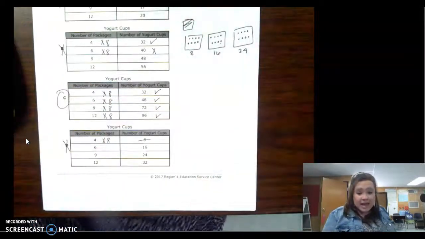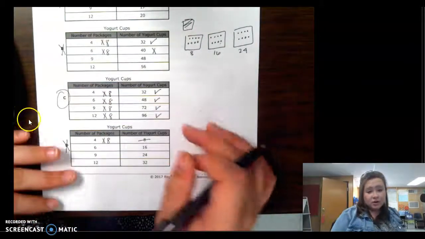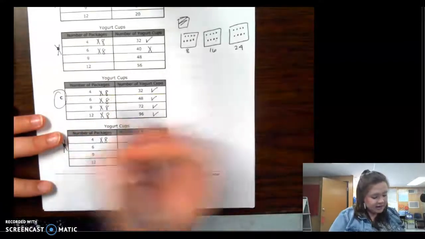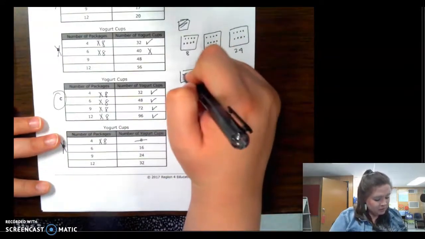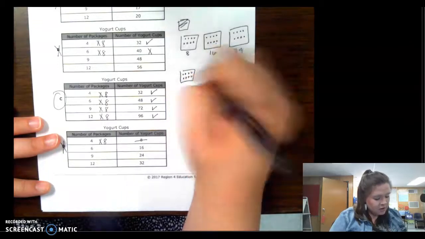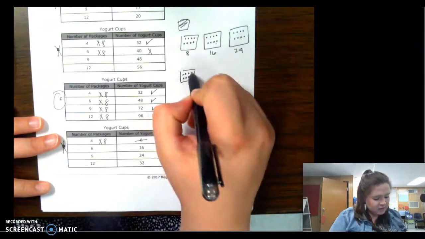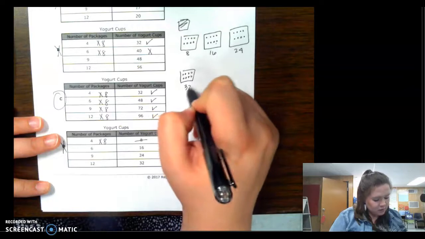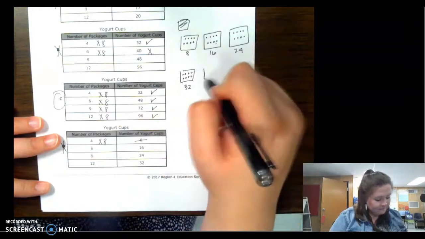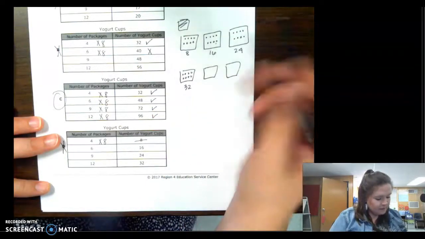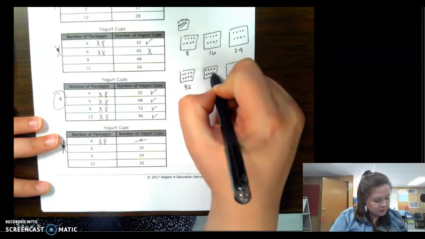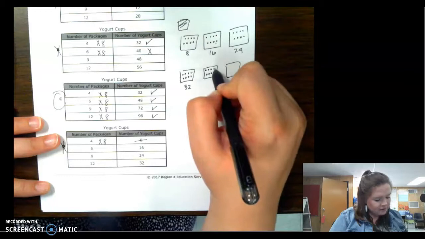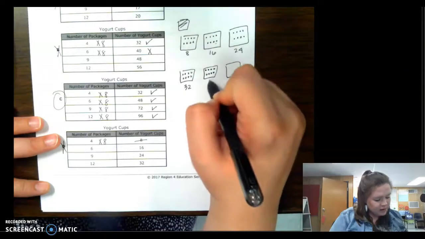Now remember, if you're not understanding this though, you're like, Miss Garza, I'm not getting it. That's okay. Draw your picture. 24, 25, 26, 27, 28, 29, 30, 31, 32. This would be times 6. 32, 33, 34, 35, 36, 37, 38, 39, 40.